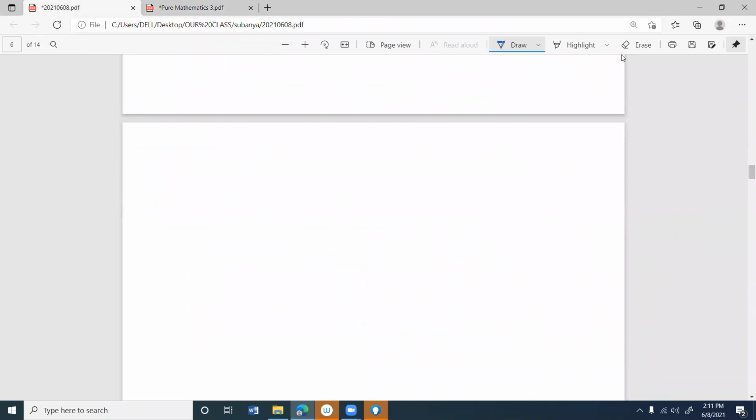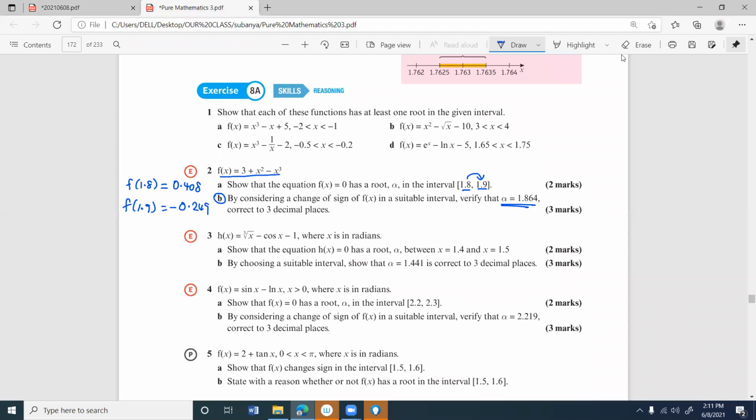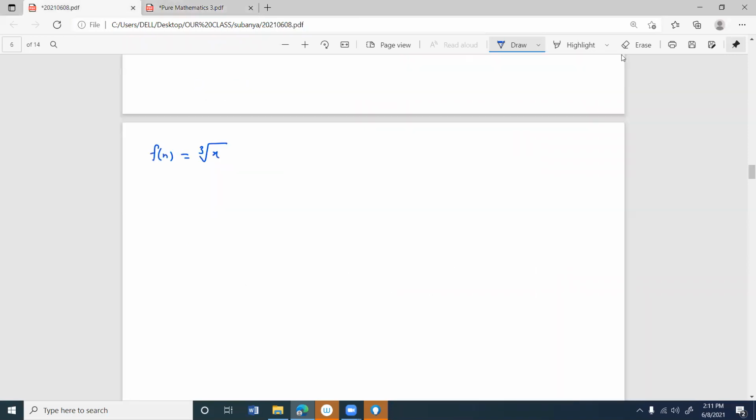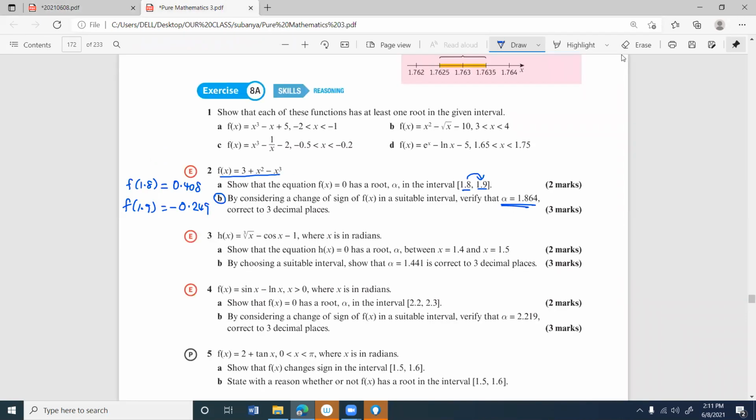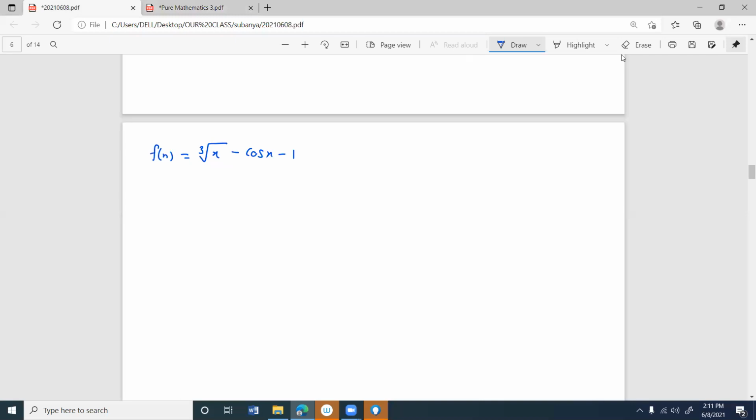You can say f(x) equals cube root of x minus cos x minus 1. Initially, we need to show that a root exists in between 1.4 and 1.5. So we put f(1.4) and f(1.5).